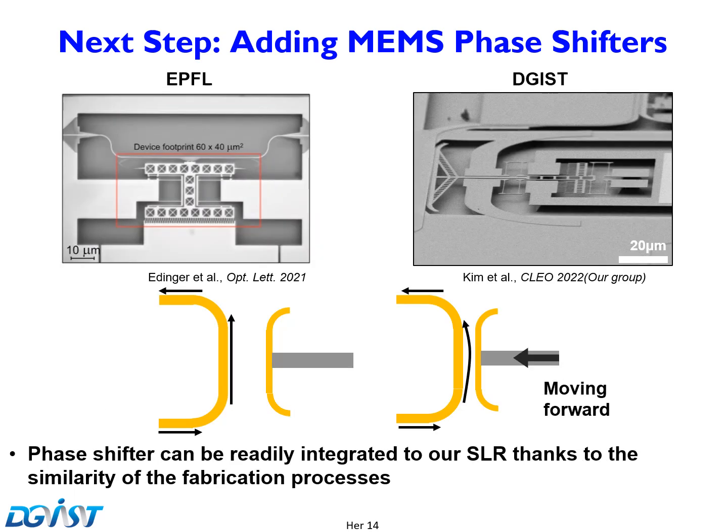These are the most recent demonstrations of MEMS phase shifters, including the one from our group. The process flows are pretty much similar to the Sagnac loop reflector, so integrating a MEMS phase shifter should not be a large issue.